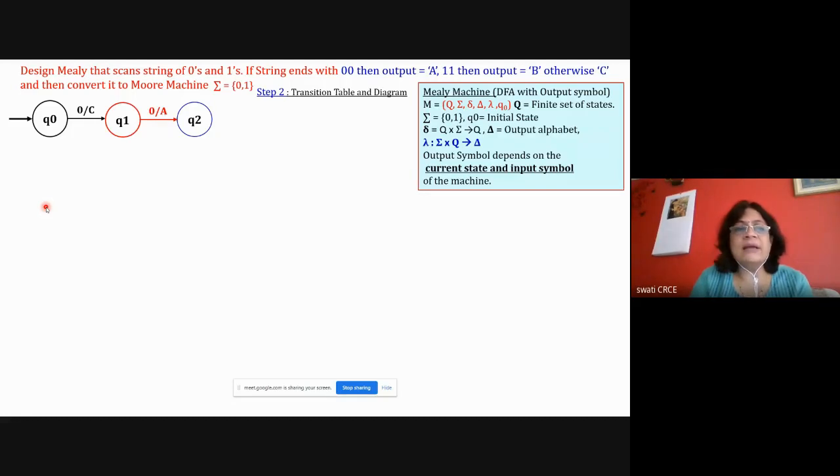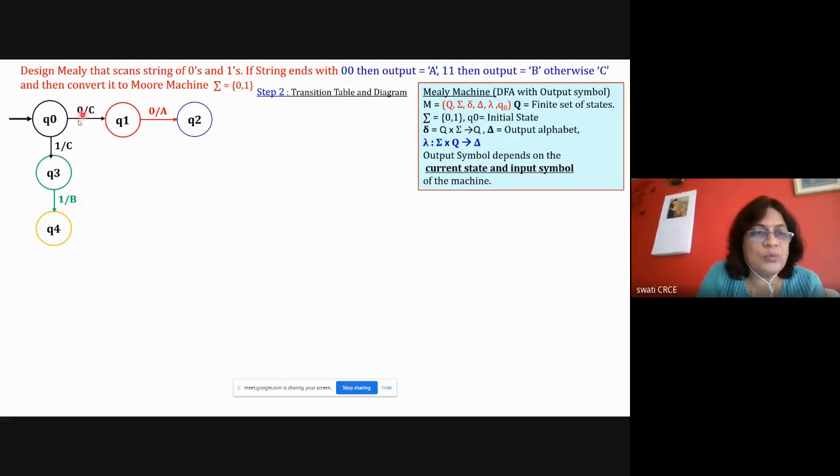Now the minimum diagram for 11: with the first 1, the output is C and the state is Q3. With the next one, the output will be B and it is in state Q4. In the Mealy machine, we show the output along with the input symbol because the output depends on the input and the state. So if the machine is in state Q0 and the input is 0, the output is C and it goes to Q1. That is the delta function, and this is the lambda function.